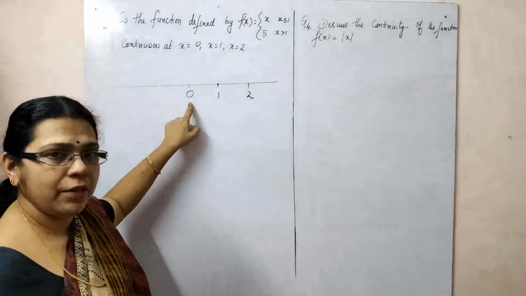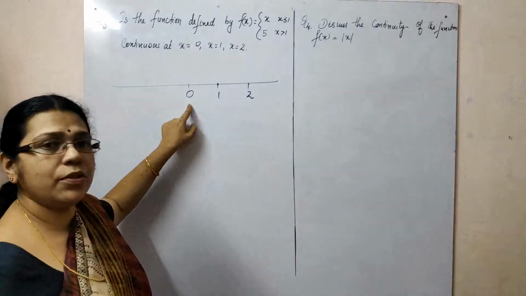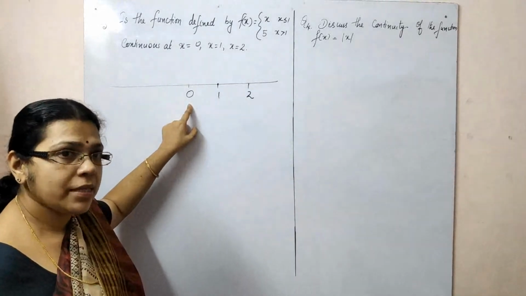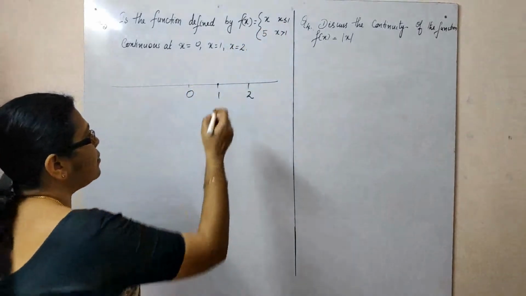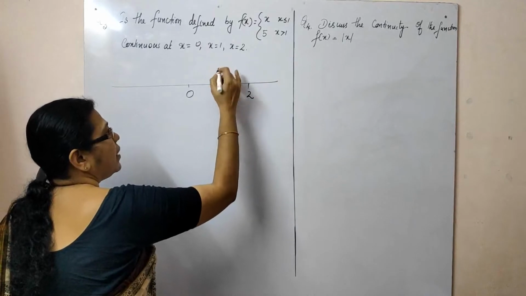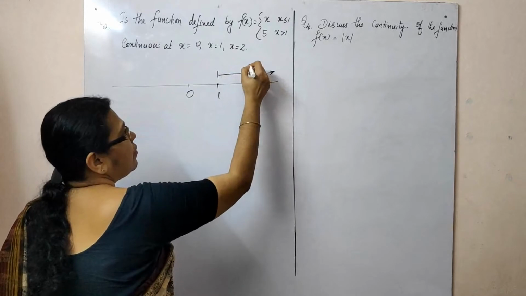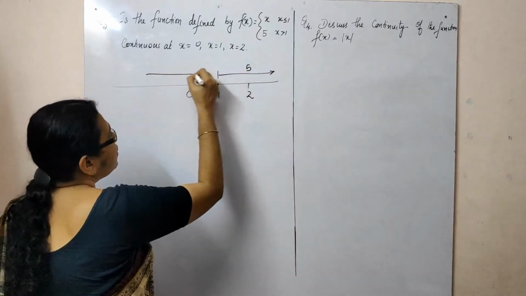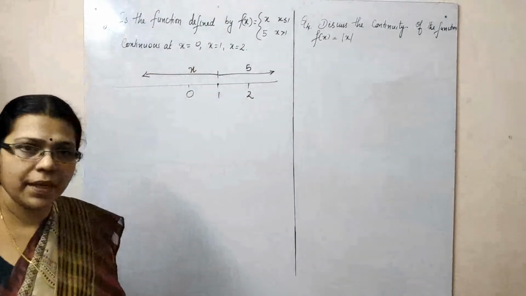That is when x is less than or equal to 1. From here I am breaking it. From this 1 to this side the value of the function is 5 and towards this side the value of the function is x.